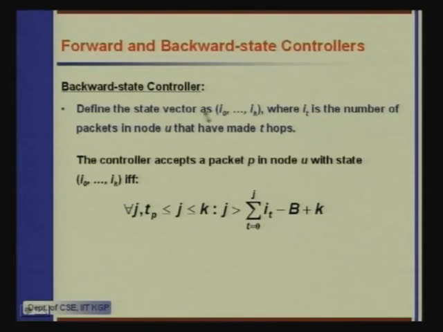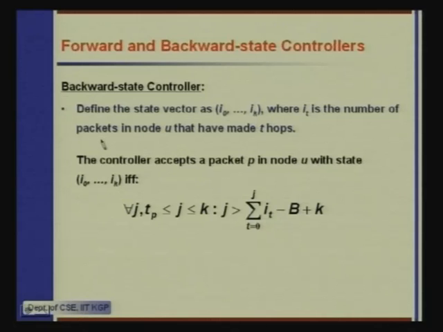In the backward state controller, the state that we maintain is of the packets that are there in U at this point of time: packets which have already made 1 hop, packets which have already made 2 hops, packets which have already made 3 hops, and so on, and we count the number of packets, and those are my I0 through Ik, okay.